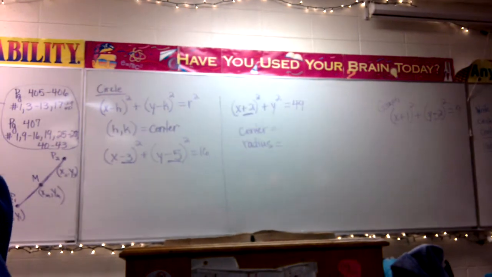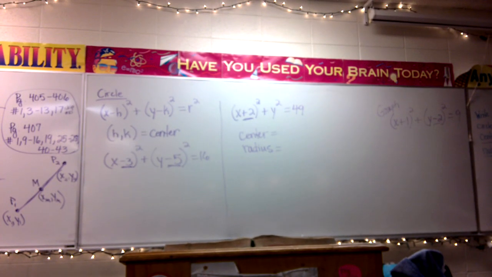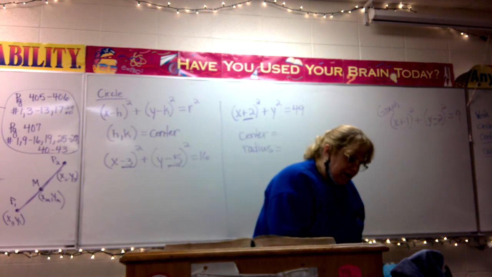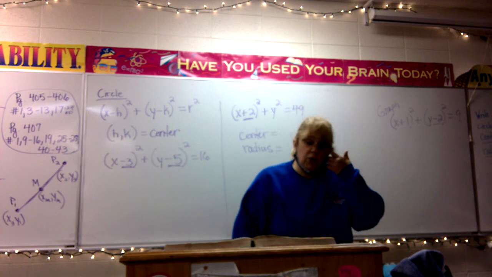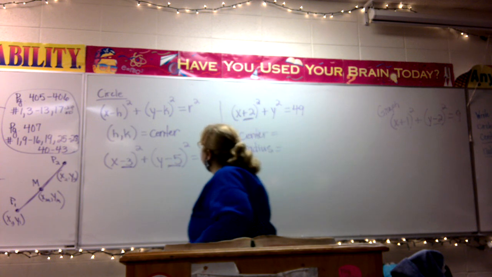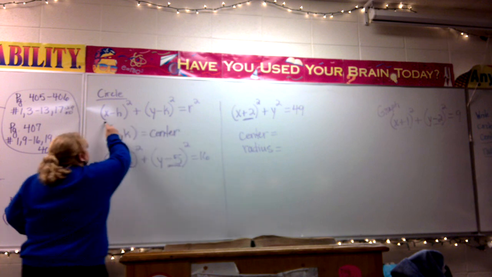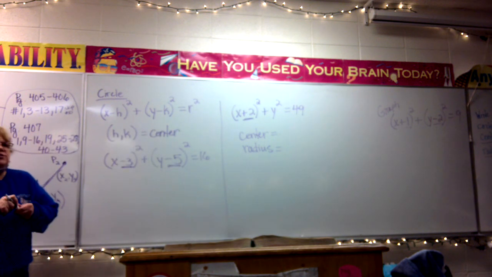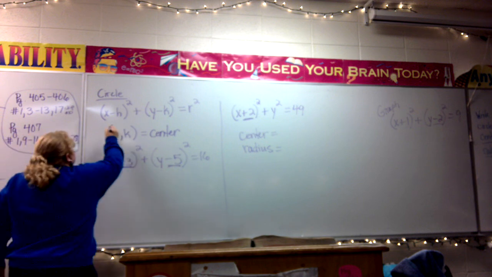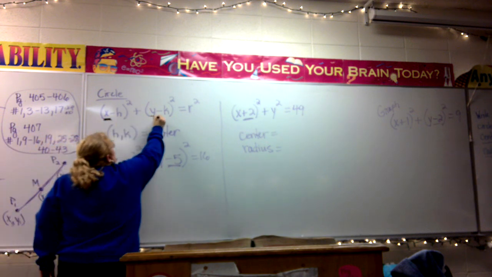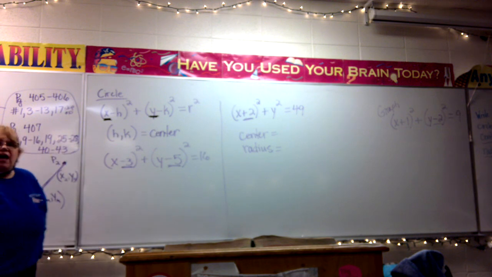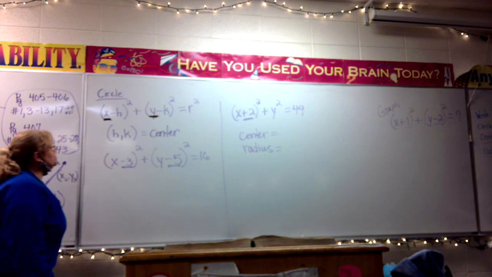Really sure why it's so slow, but anyway, it says there on 407, we're going to talk about the equations for a circle. The general form is this, and just like when we did equations for lines and parabolas, the x and the y stay in the equation, and the rest of the values get filled in.